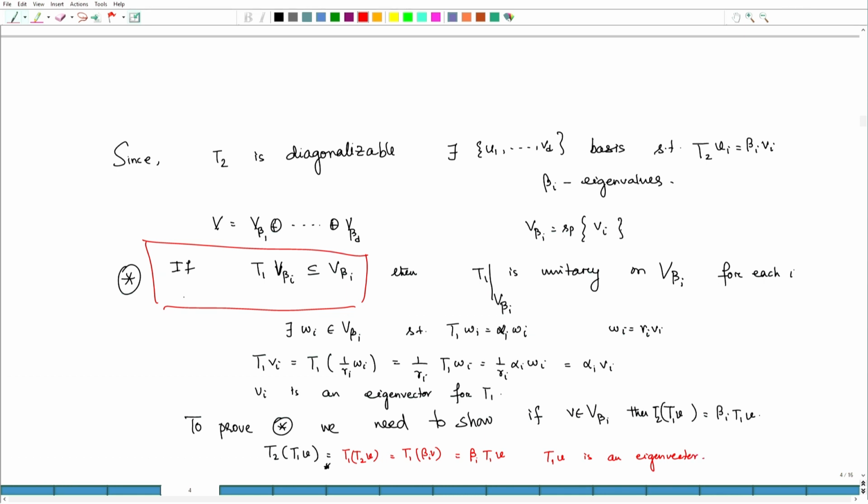So, therefore, it suggests that if T1 and T2 are two unitary operators on an inner product space V, and if T1 T2 is equal to T2 T1, then T1 and T2 are simultaneously diagonalizable.